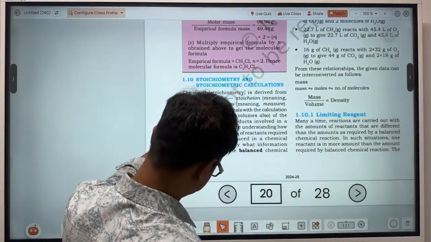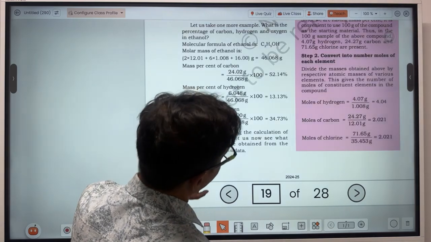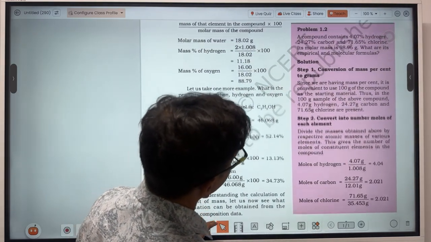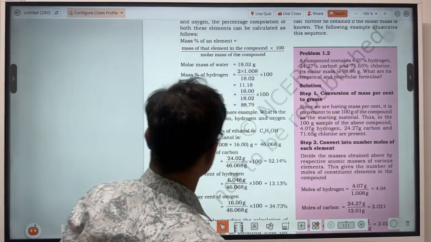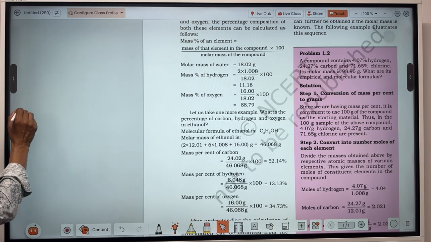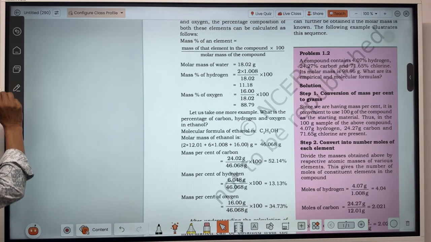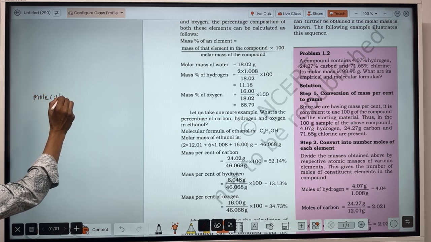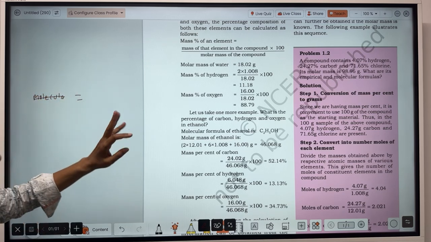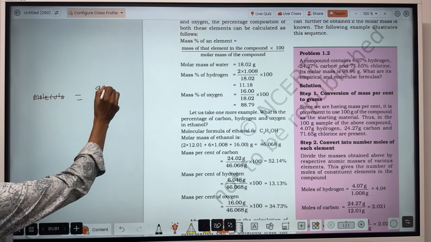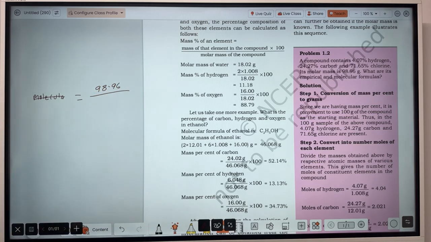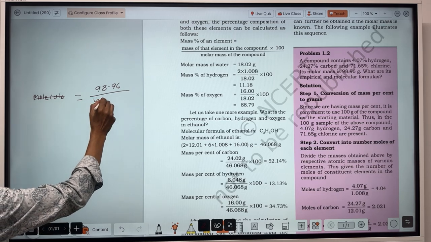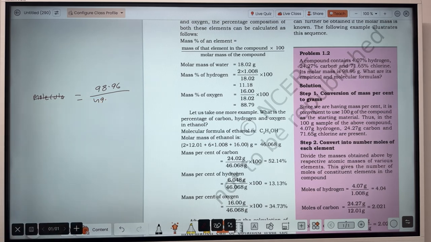Now let's see. The molecular mass was given here as 98.96. So that divided by 49.49, which we have calculated as the empirical formula mass.